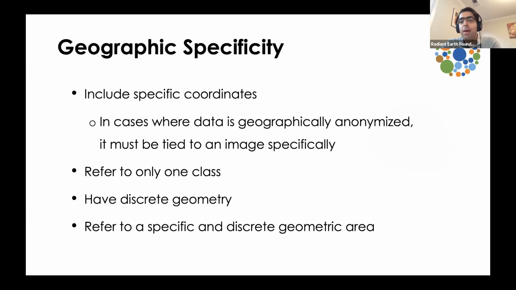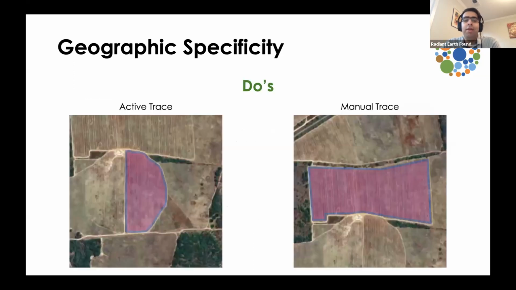To show you some examples of what we mean by these and what are the do's and don'ts of the geographic definition, as some of you who have worked with GPS devices, when you're on the ground collecting a polygon or any other shape, there are 2 types of GPS devices. One of them actively collects a point as you walk around. We call this active trace on the left side. In this case, when you walk around the field, the device is continuously collecting points, so you capture this field boundary completely.